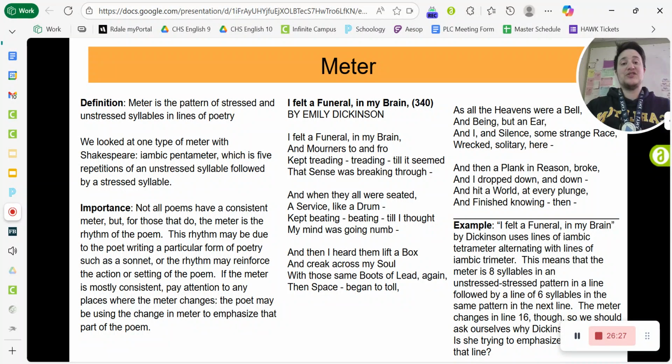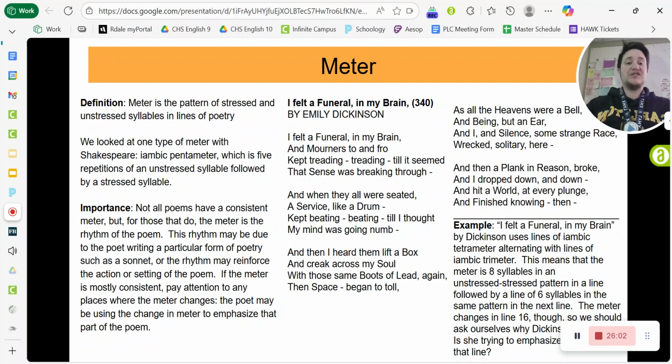That's actually similar to this poem example on the screen. Emily Dickinson is a famous American poet, and in this poem, she uses a slightly more complicated meter. Every other line alternates between iambic tetrameter and iambic trimeter. Tetra means four. Think the game Tetris, all the pieces are made of four blocks.